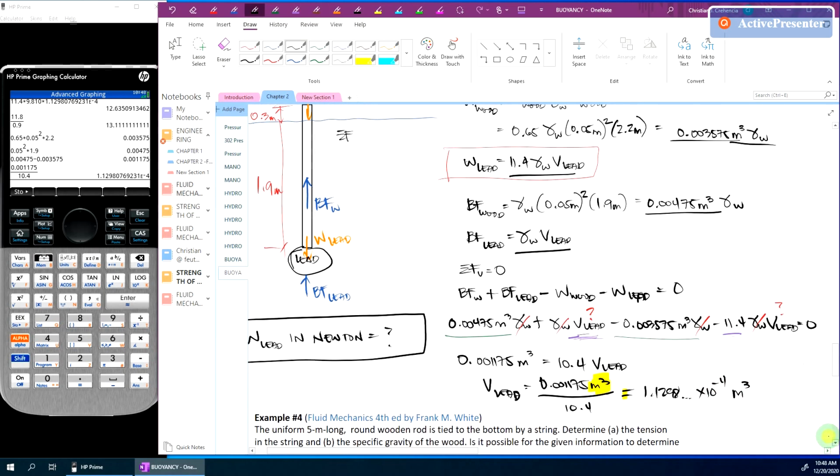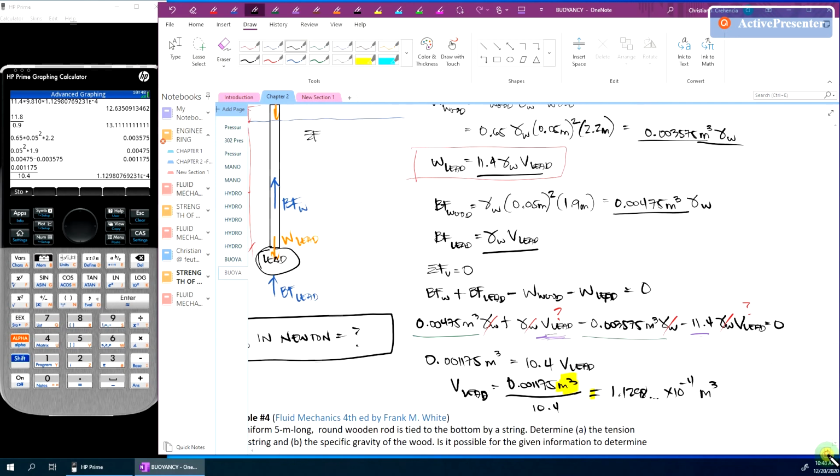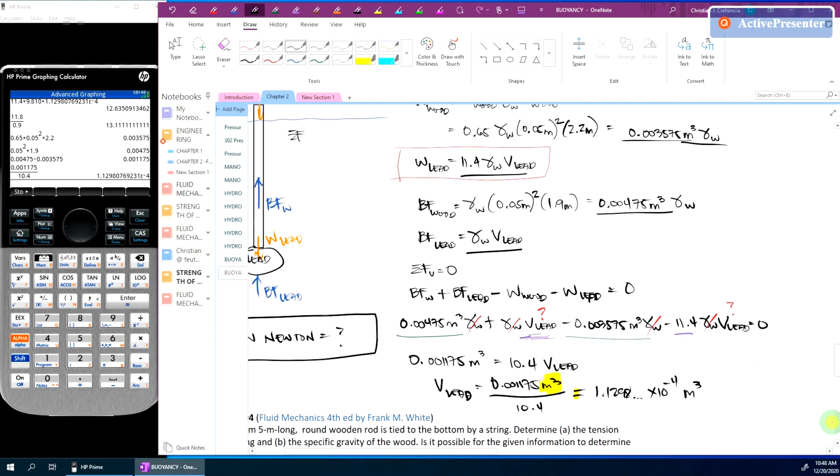Okay, then solving for, medyo wala na ako ng space. Ayan. So dito na lang. So solving for the weight of the lead, then this is 11.4 times specific weight ng water, 9,810 Newton per cubic meter. So, Newton, no, kasi yun ang hinahanap dito sa problem in Newton.